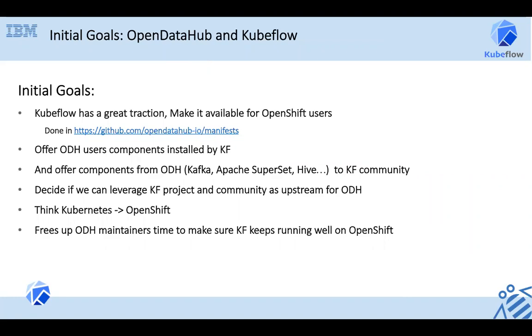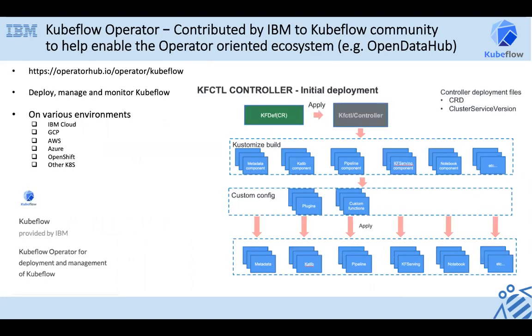And then, also offer capabilities to mix these components, right? So you can mix components from Kubeflow, which are much stronger on the ML and AI side, but also bring in things like Kafka, Superset, Hive, if you're deploying this.